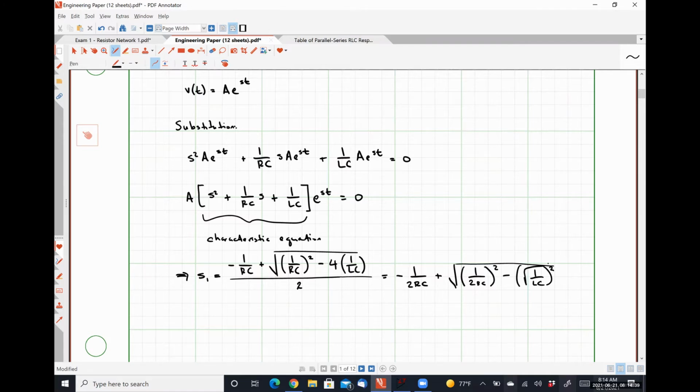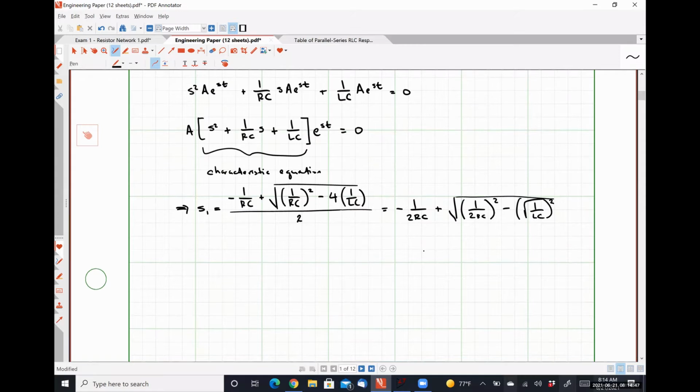I'm doing that because I'm going to define two new characteristic parameters of this system. So alpha will be defined as 1 over twice RC. Alpha is what's known as the Neper frequency.